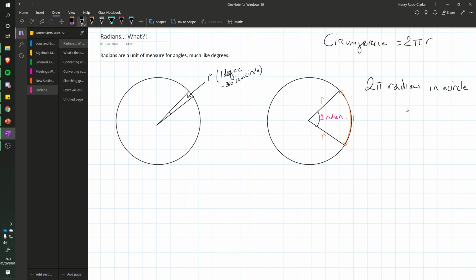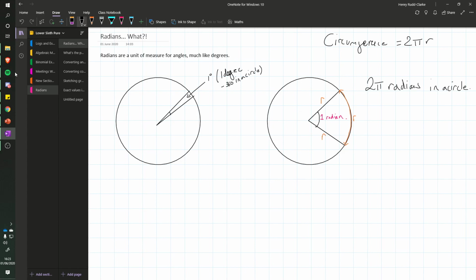In the same way that I could fit 360 of these wedges on the left into this circle, I can fit 2 pi of these wedges on the right into this circle. So it's like 6.2-ish of these wedges inside a circle. This is obviously not drawn to scale. So there's 2 pi radians in a circle.